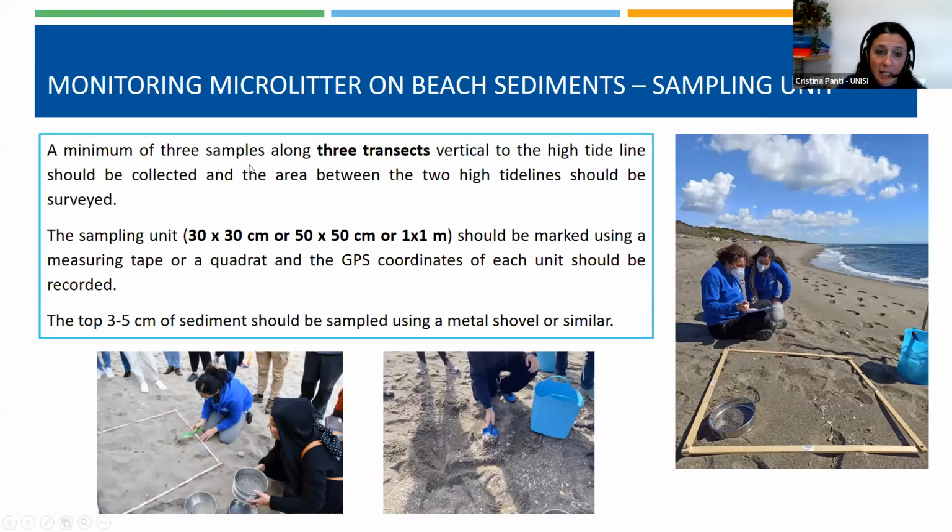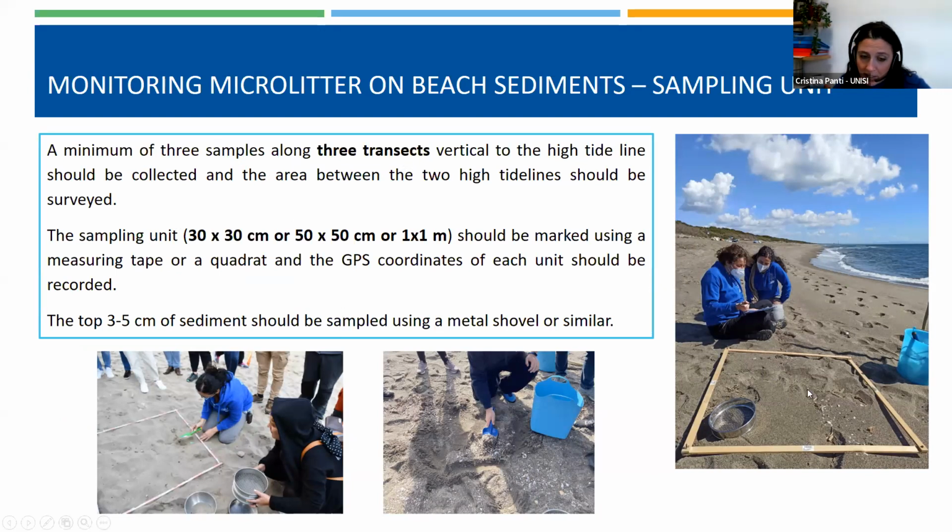As we said, 9 plots is the optimum, but we can also perform a minimum of 3 samples along the transect, and the sampling unit can be defined by a simple square.